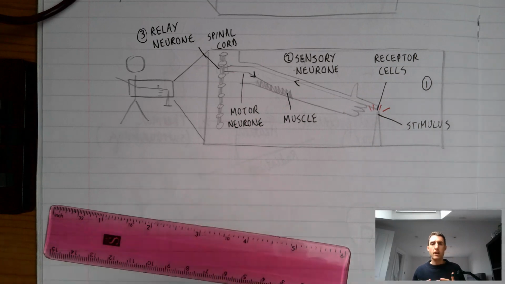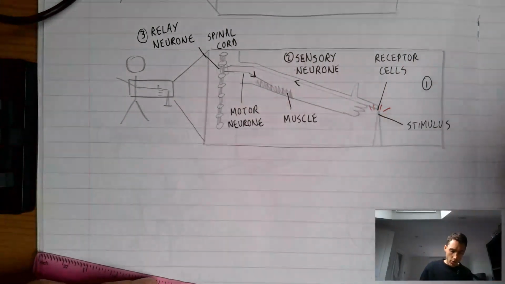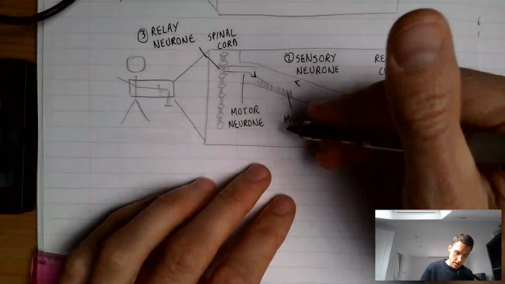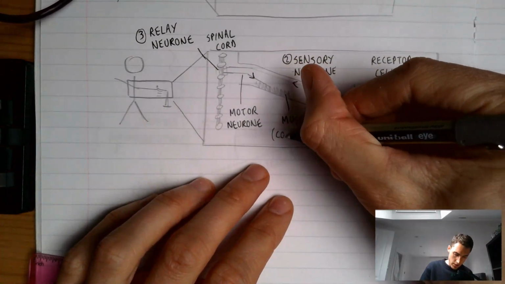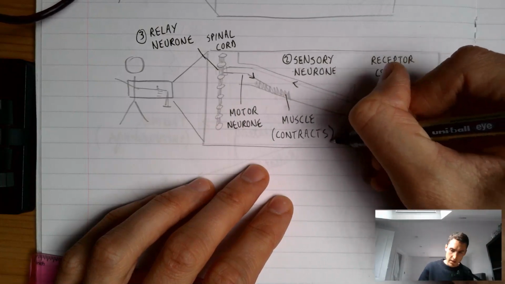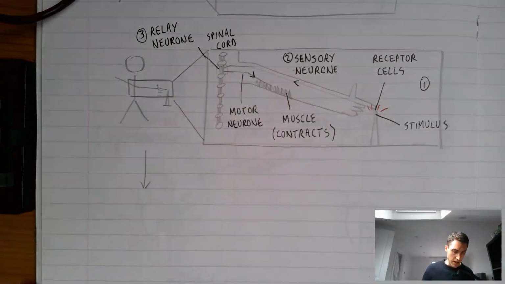Now, this is where, in these diagrams, it's good to go from concrete to abstract and back to concrete again. So what we can say is here, well, this muscle contracts. I might put in here, contracts. The outcome being, the person makes a response.